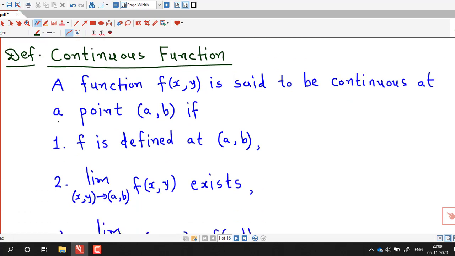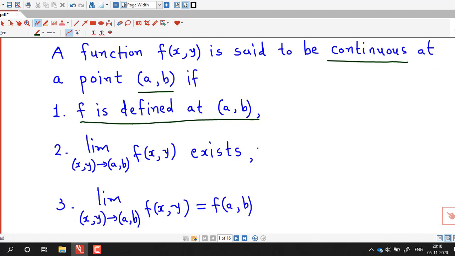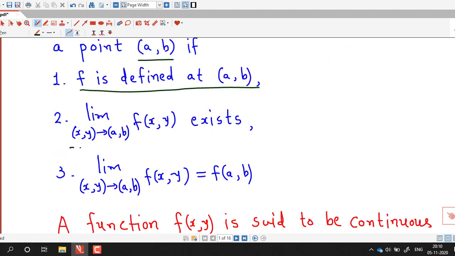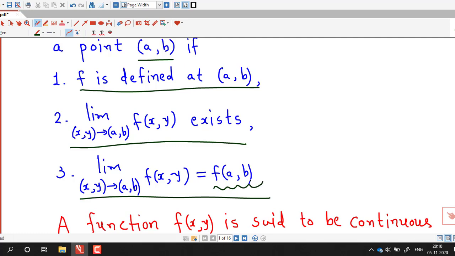So here we have written function f(x, y) is said to be continuous at point (a, b) if function is defined at point (a, b), limit of f(x, y) as (x, y) approaches (a, b) exists, and the third requirement is limit of f(x, y) as (x, y) approaches (a, b) must be equal to value of function at point (a, b).